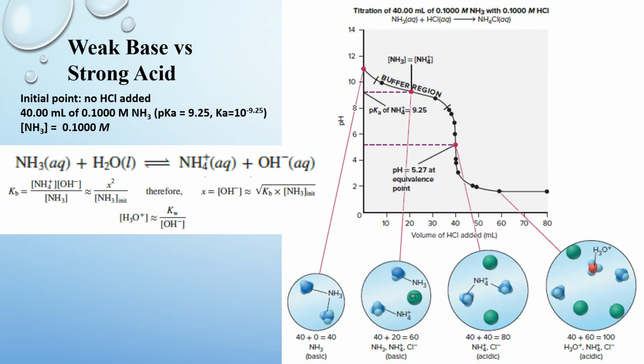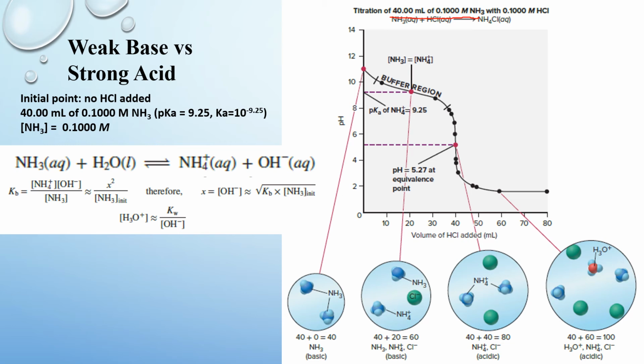Last, let's take a look at the titration curve between a weak base and a strong acid. As you can see from the figure on the right, it's very similar to the one we saw earlier between a weak acid and strong base, but in the opposite direction. So the pH is dropping in this case because we are adding the strong acid into the weak base. At the initial point, we start with 40 milliliters of 0.1 molar ammonia, which is the weak base.